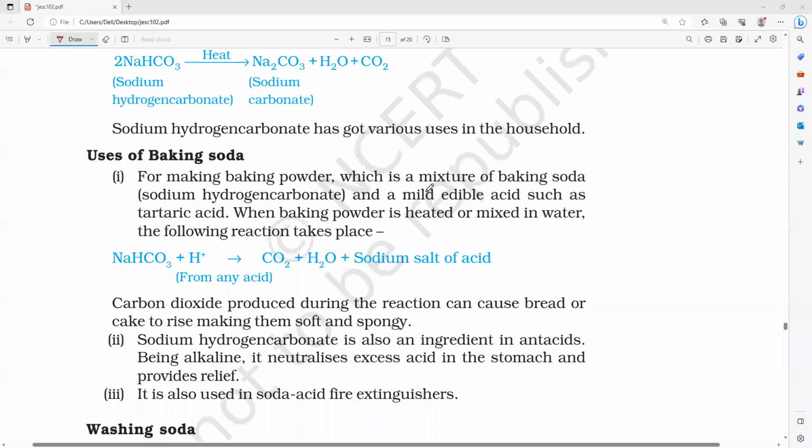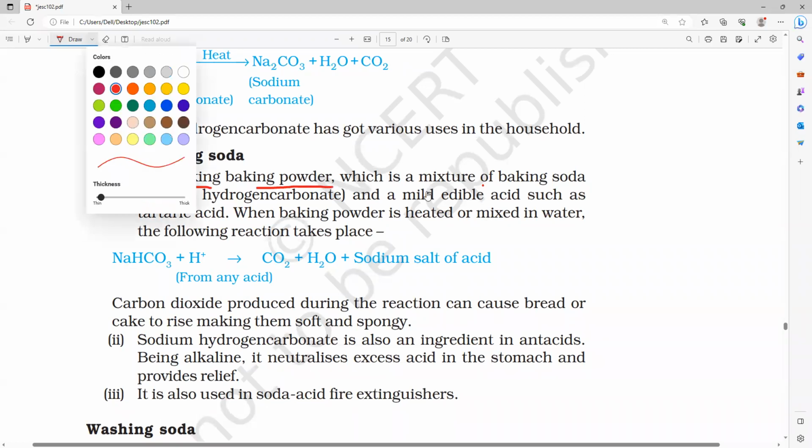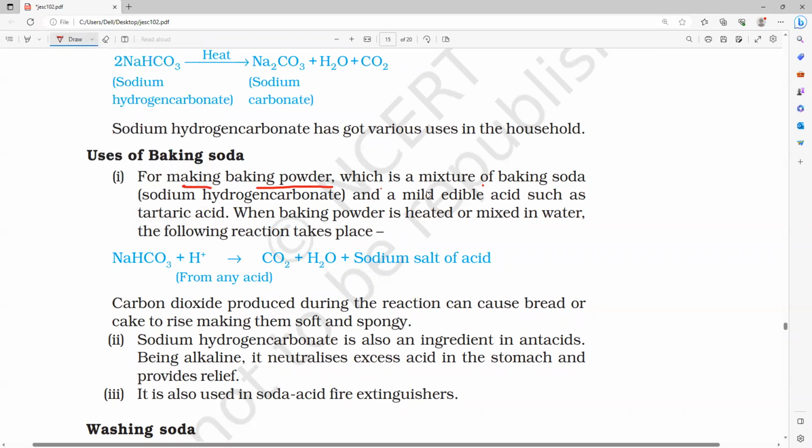Mixture means it is not only tartaric acid. For making the baking powder, we have to take baking soda, which is sodium hydrogen carbonate, and a mild edible acid such as tartaric acid.